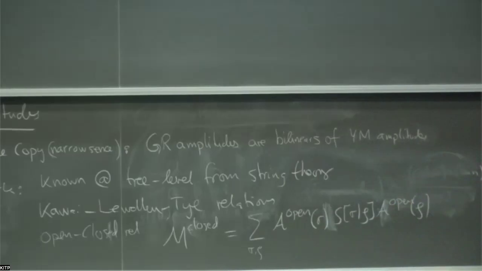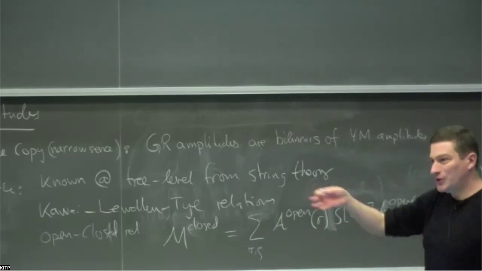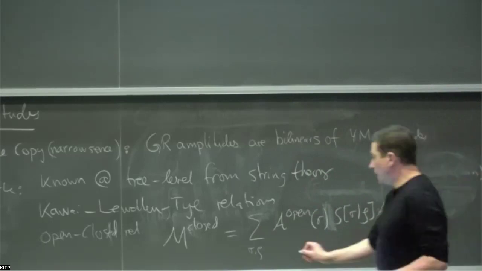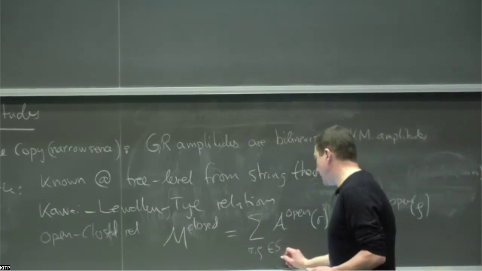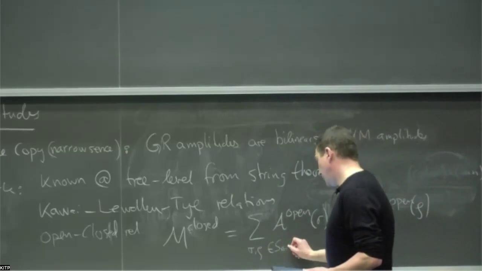So roughly that's how it's been known for a long time. And this S here is just some polynomial in the Mandelstams, really a polynomial of sines and cosines where the arguments are Mandelstams. This permutation is over the permutation group of n minus 3 particles.